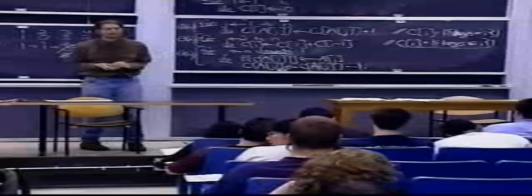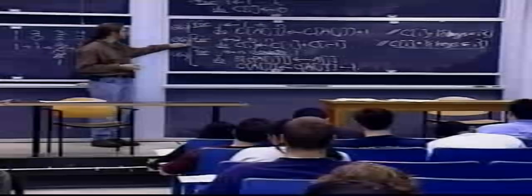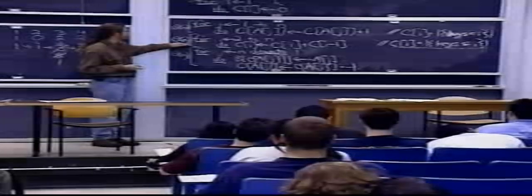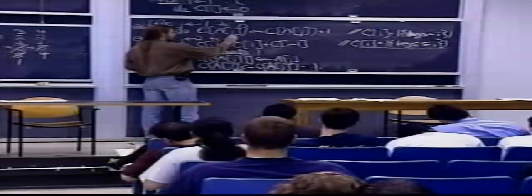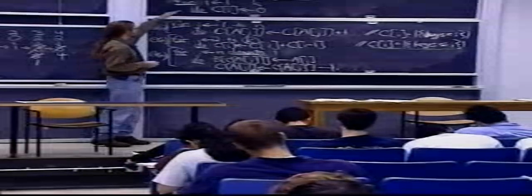Yeah? For the third for loop, should it be from 1 to k? Ah, thank you. Yes. This was n. It should be k. Thank you. I think, yeah, so it actually alternates between k and n.